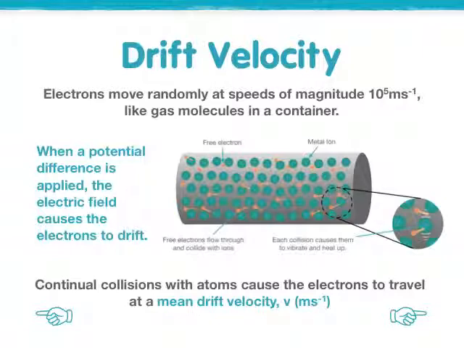So how quickly do these electrons flow? The electrons move randomly at speeds of a magnitude of 10 to the 5 meters per second. But that's within their random motion. Once they actually start drifting across the metal to reach the positive terminals, they're going remarkably slowly.